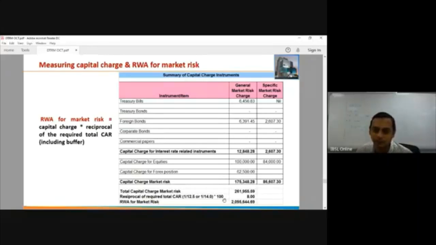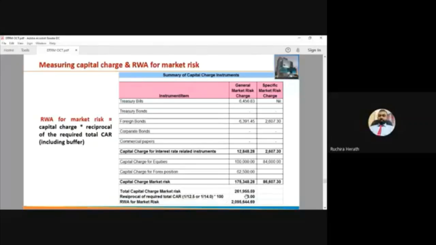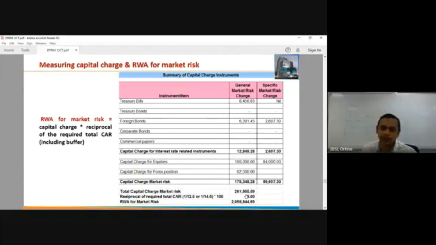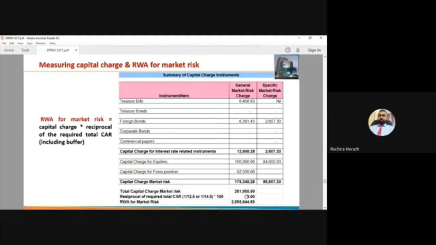Reciprocal means 1 over anything. The applicable regulation is Number 1 of 2016, Basel III capital adequacy.